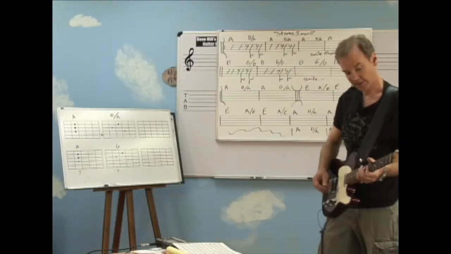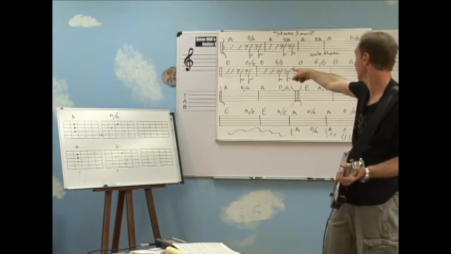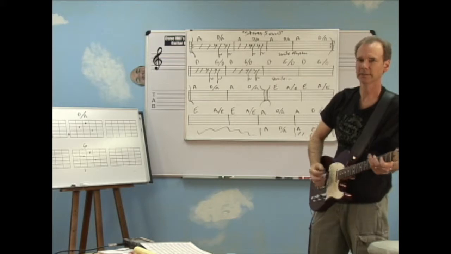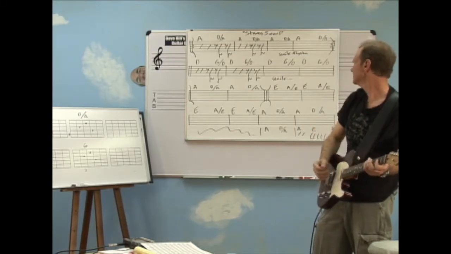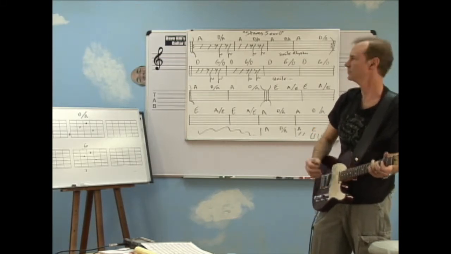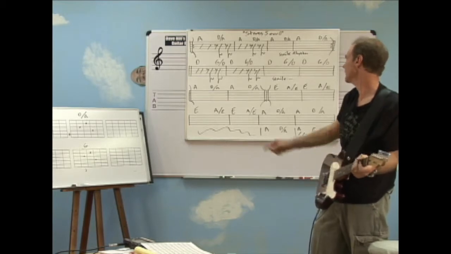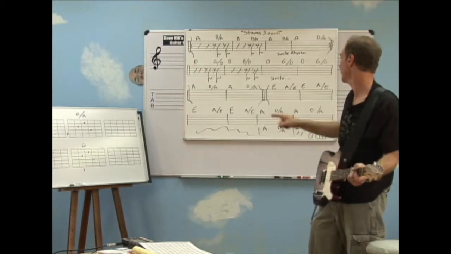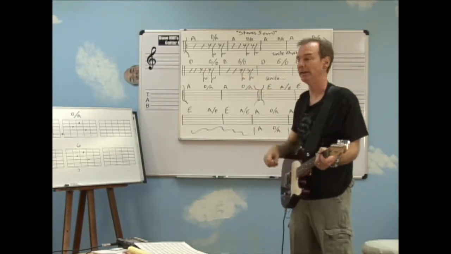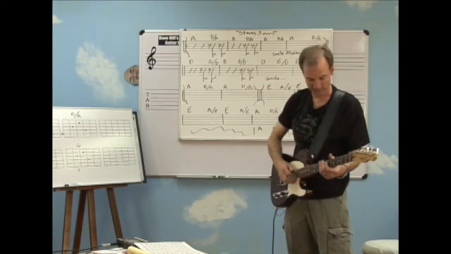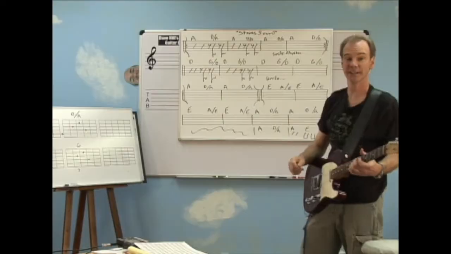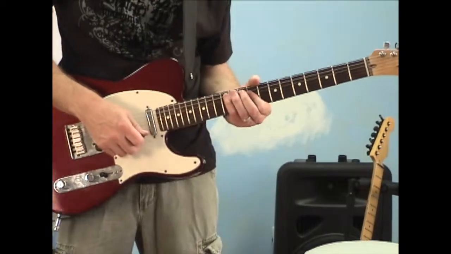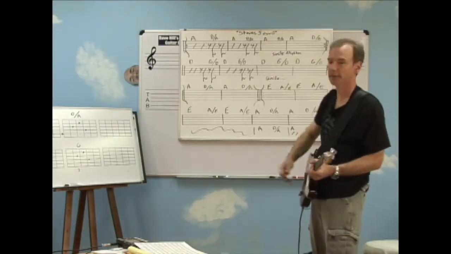Okay? And so after I go to the 4 chord there on that second line, I go back down to the A sound again. And I keep playing the same rhythm over the top. I don't write it anymore, but I want you to know that I'm still playing it, okay? And then finally, I go to the 5 chord, and I use the exact same rhythm, right? You can see where I started right there.